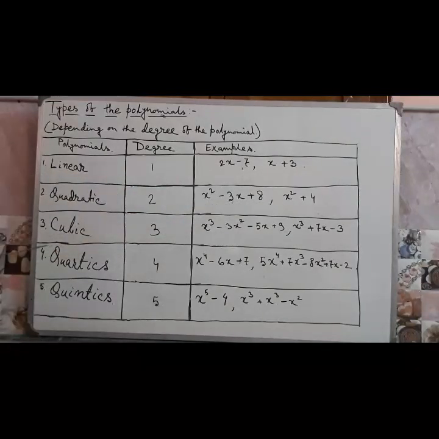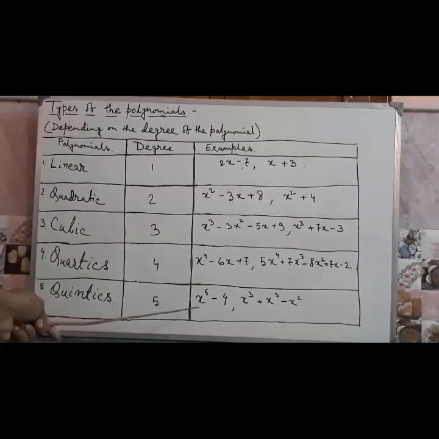Cubic polynomial: if the degree of the polynomial, that is the highest power of the variable present in the polynomial, is 3, then it is called a cubic polynomial. You can see the examples. Quartic polynomials are of degree 4, these are the examples, and quintic polynomials have degree 5.